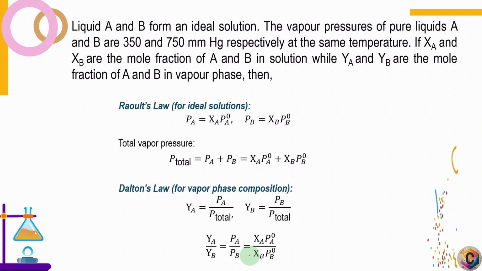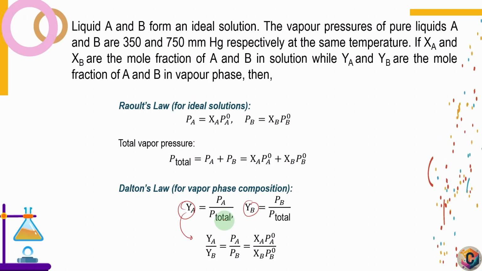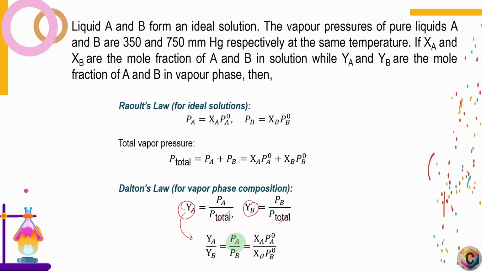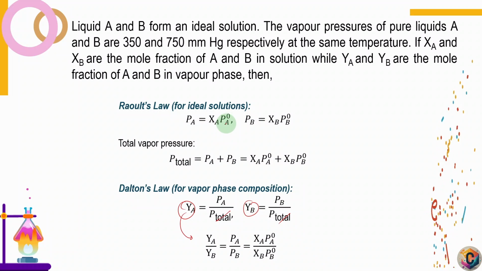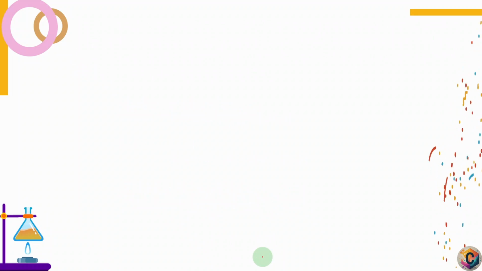Now I'm going to take the ratio of these two equations. So YA divided by YB: when you do the ratio, P total gets cancelled, and you get PA by PB. The value of PA is XA into PA naught. The value of PB is XB into PB naught.